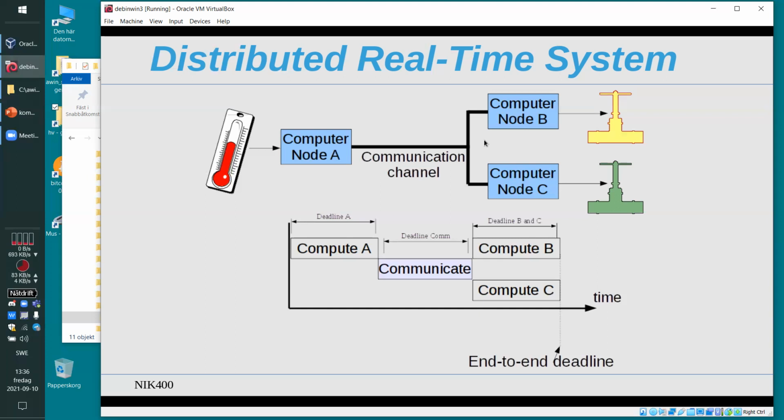But if it's greater than the cycle time, then a later packet can overwrite an earlier packet, and that's not good at all. So the jitter should be, well, not too high, probably. And if you have very high jitter, it's not really a deterministic system. You don't know what will happen.